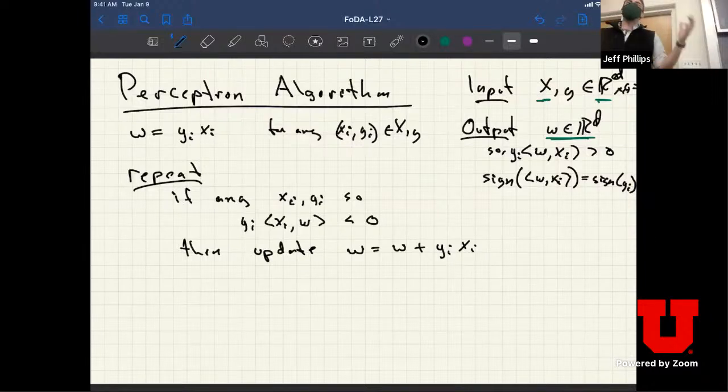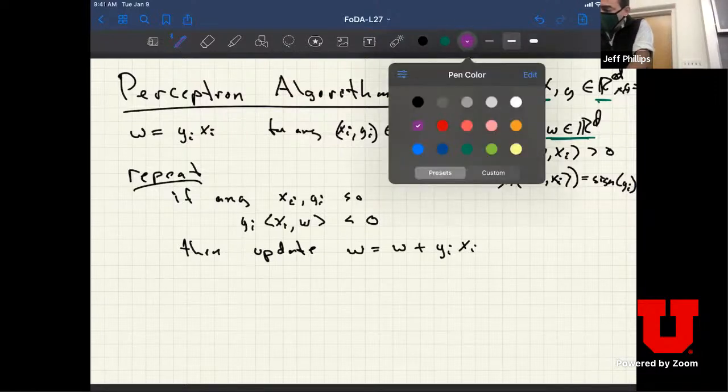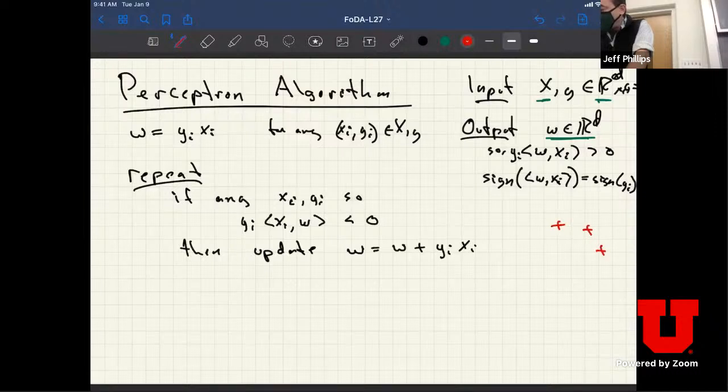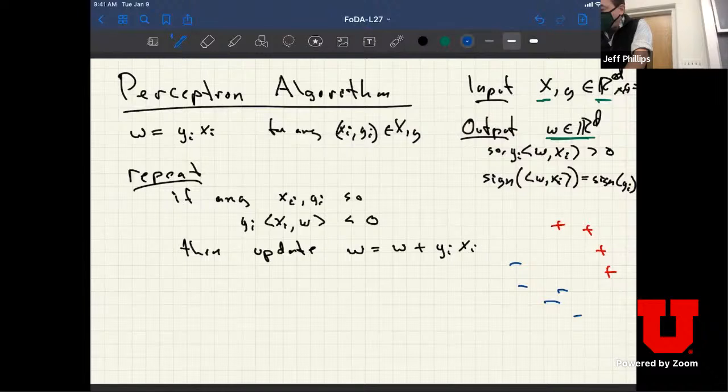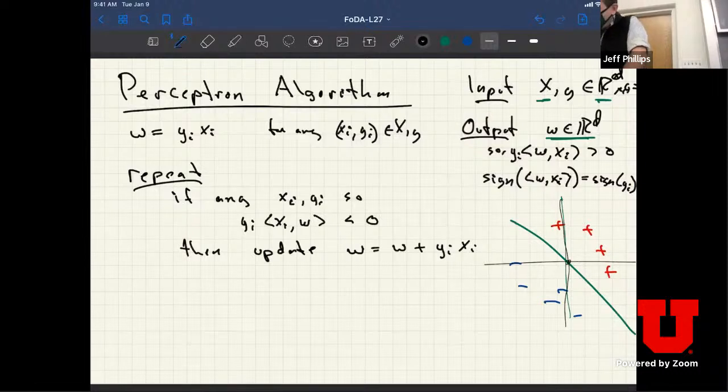Okay, and we showed last lecture that if it's linearly separable, so that I have data that are pluses, the positive points, and some negative points, then I can define a classifier that goes through the origin. It helps if you draw the origin afterwards.